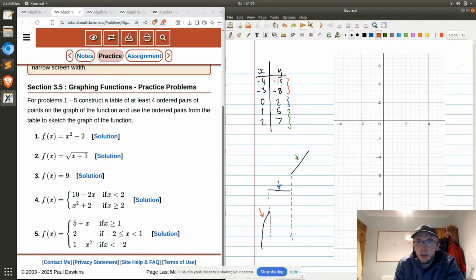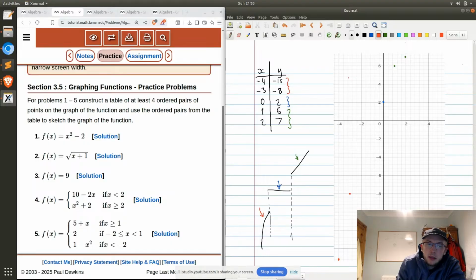Oh, right, the appropriate colors. For 2, it will be 7, so the output will be there. For 1, it will be 6. So there's that output. For 0, the answer is 2. For -3, the output is -8. And for -4, the output is -15.